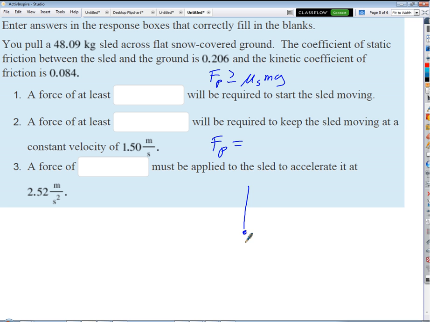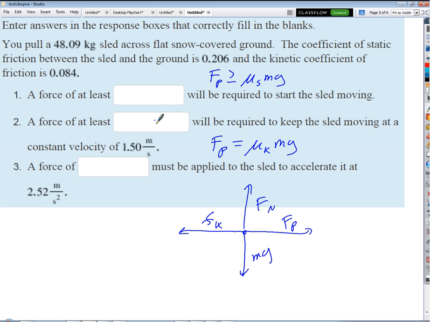So I'd have weight and normal force offsetting vertically, and pushing force and kinetic frictional force offsetting horizontally. So pushing force just equals mu sub k times the normal force, which is equal to mg. But mu sub k is smaller. That's only 0.084, so that's going to be a smaller answer.